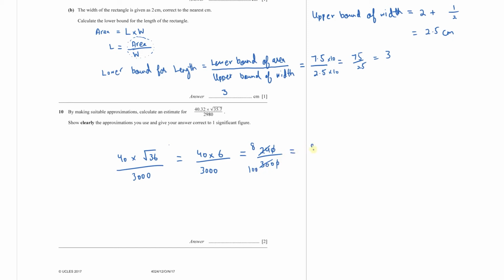So you get 8 over 100, and then it's an easy division by 100. You move the decimal 2 places to the left, so you get 0.08. This is already one significant figure, since this is the first significant figure and there's nothing non-zero to the right of it. So your answer is 0.08, correct to one significant figure.